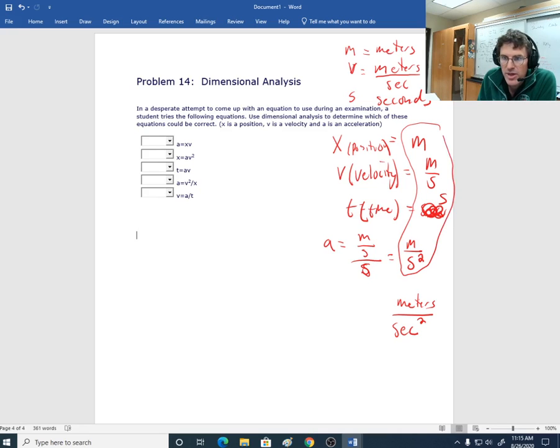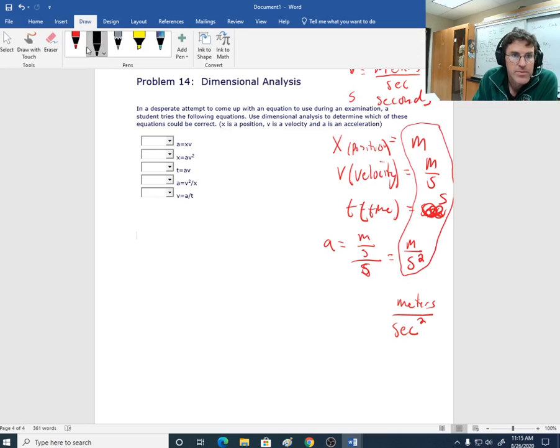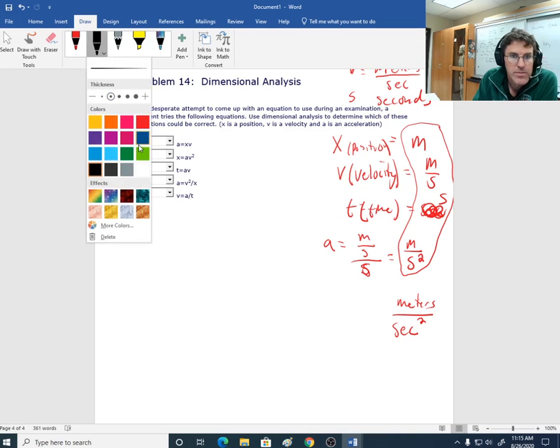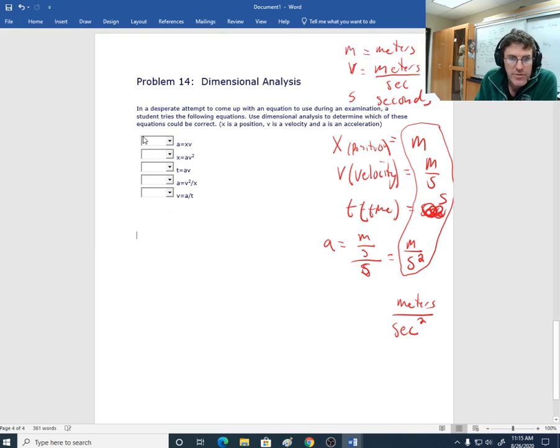Okay, so we're going to plug these in and see if they're okay. First equation, a equals x over v. Let's see if that's dimensionally okay.